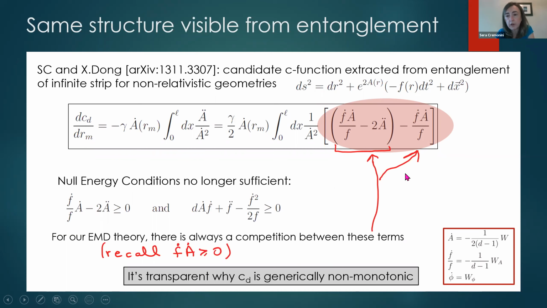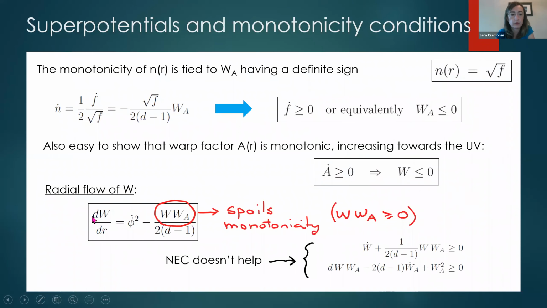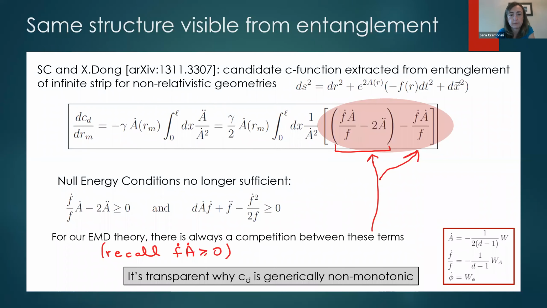So you always have a competition between the first term, which is constrained to be positive by the null energy condition, and the second one, which is negative. They're always fighting with each other. This is exactly what you see from the flow of the superpotential, which is not surprising because that's exactly what this A double dot is. So it's just another way to see the same physics.